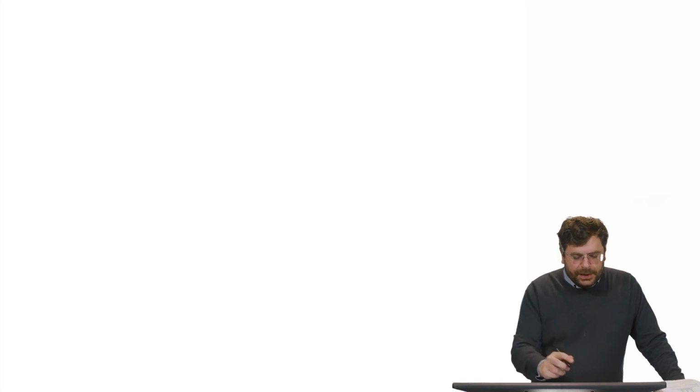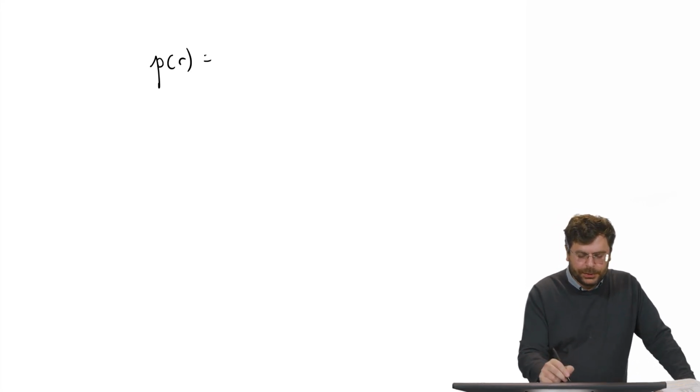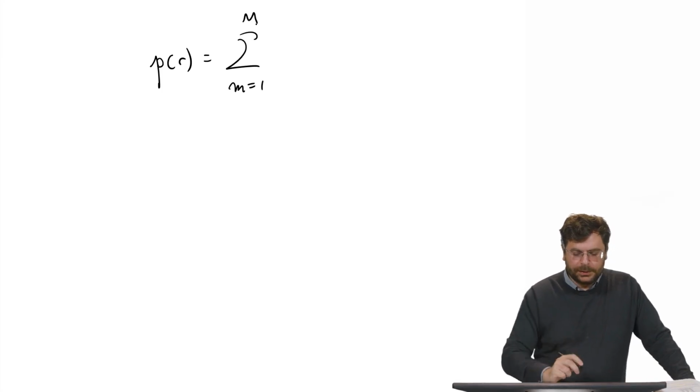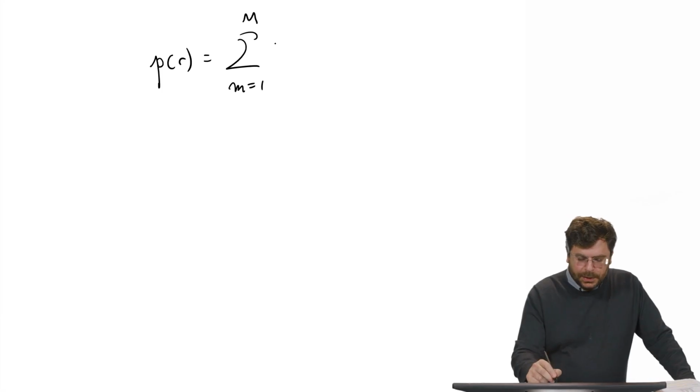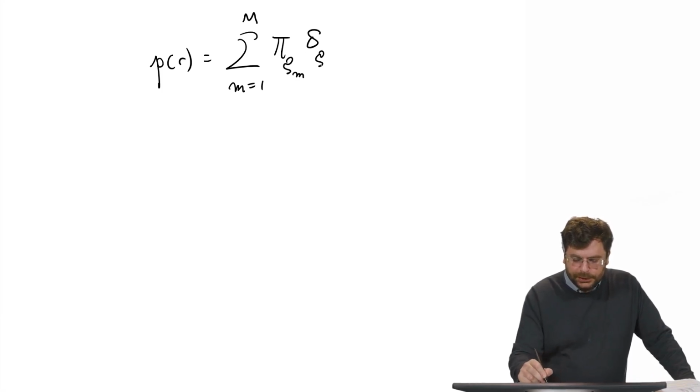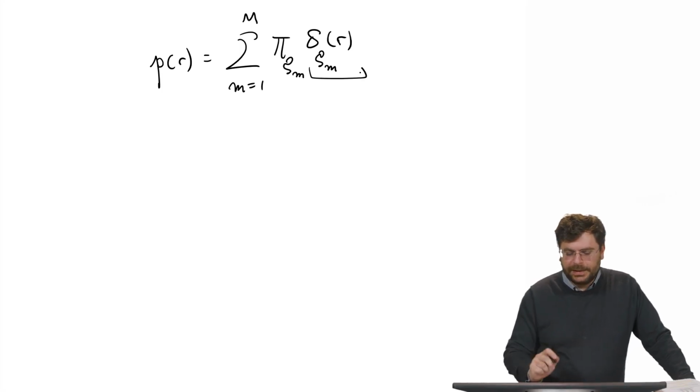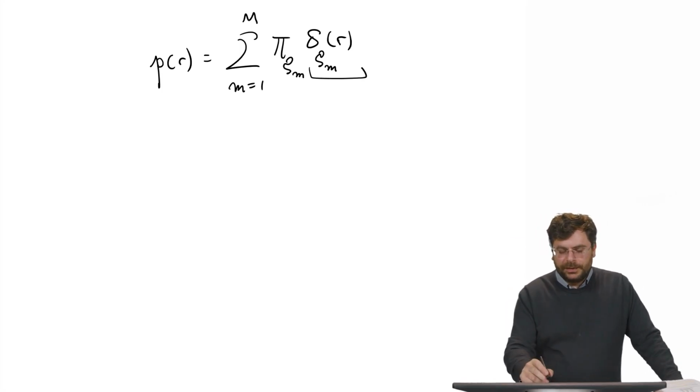So let's verify at this point that my discrete probability distribution, which is going to be a sum from m equal to 1 to big M of pi sub rho m delta function rho m of r. This tells me again where the spikes are allowed, where the specific values of r are allowed.